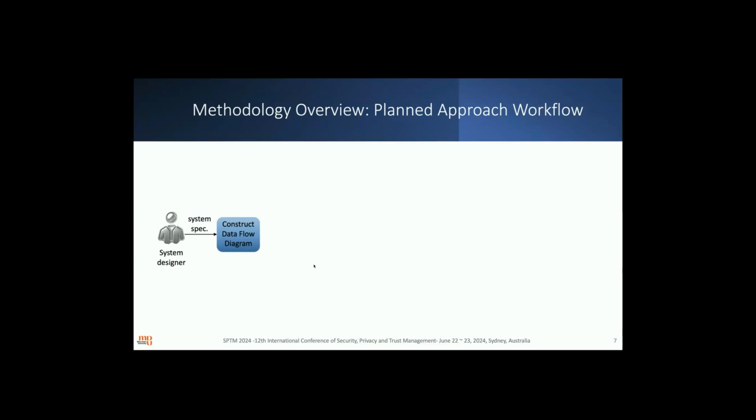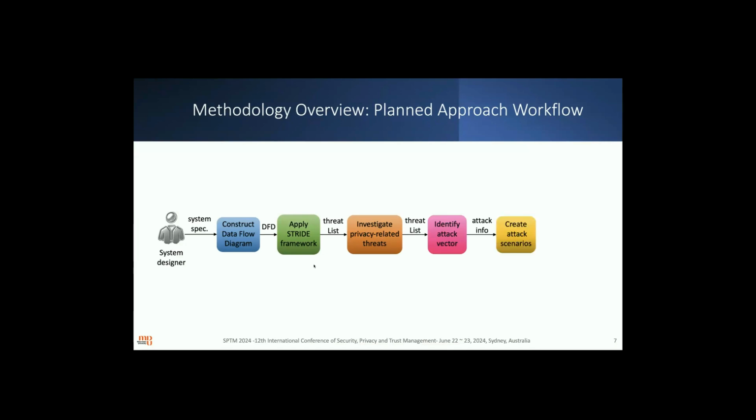Then in step one, we make a data flow diagram, and then in the next step, we apply the STRIDE framework on the DFD. And then we have a threat list. We investigate privacy-related threats, and with this threat list, we can identify attack vectors, and by attack information, we can create attack scenarios, and then give those scenarios to the system tester to do the test of the system.